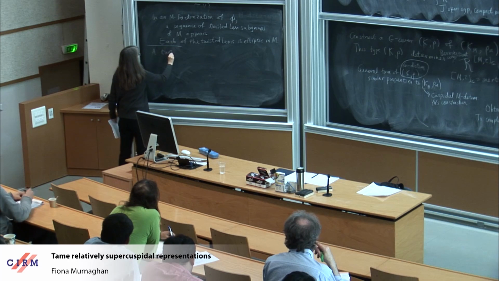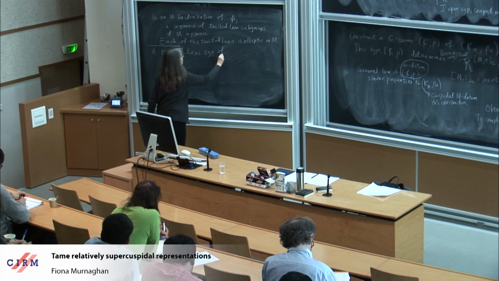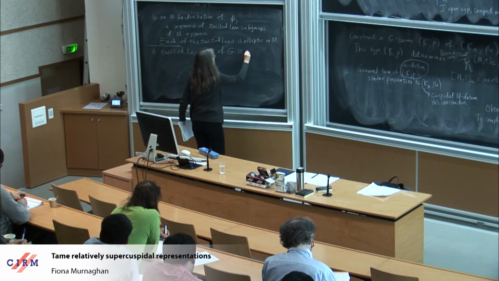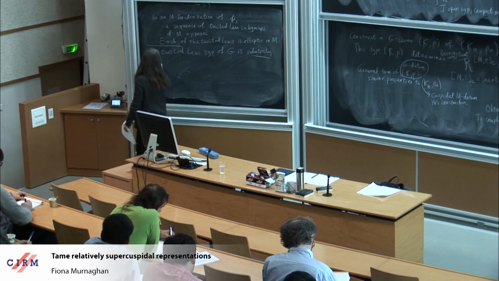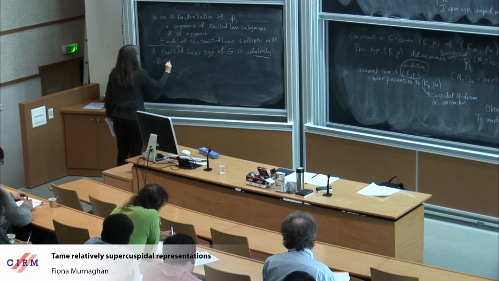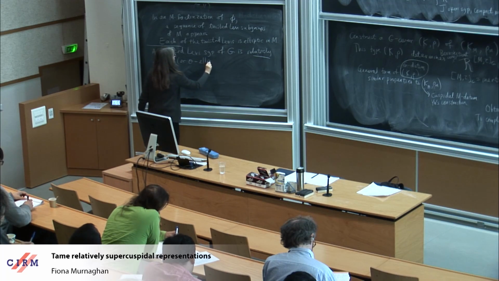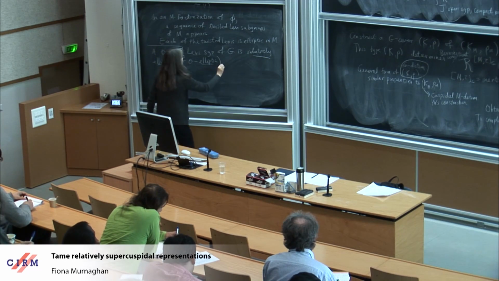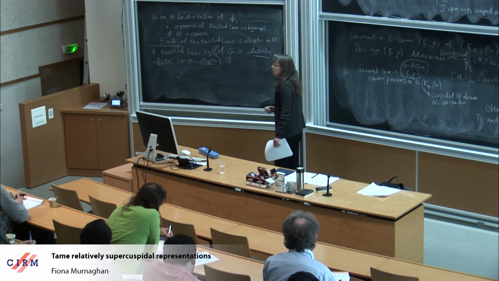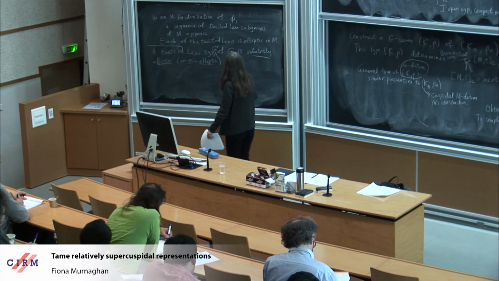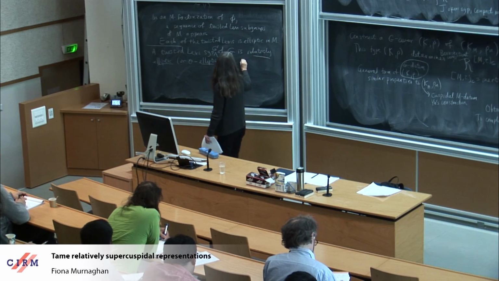A twisted Levi subgroup of G is relatively elliptic, or if you want to really specify that it's theta, you could say theta elliptic, if, let's call it G primed, so we have a twisted Levi subgroup G primed of G, it's relatively elliptic if it doesn't sit inside any proper theta split parabolic.